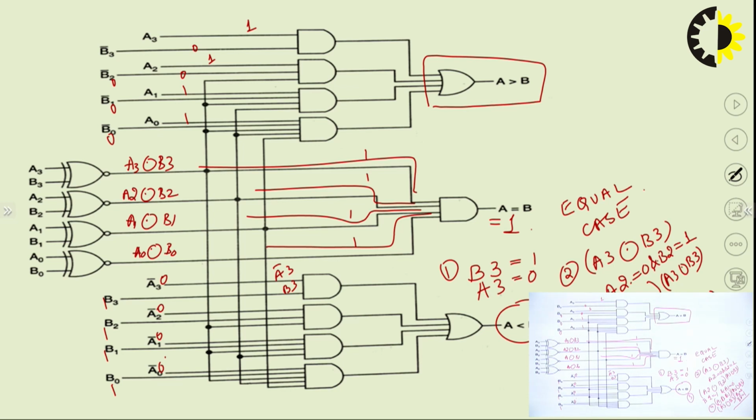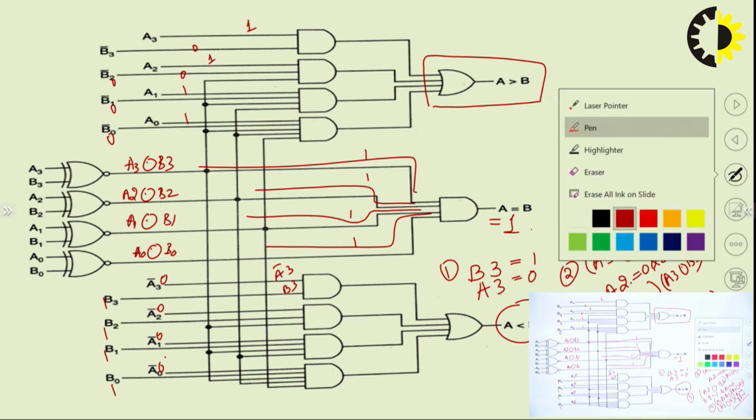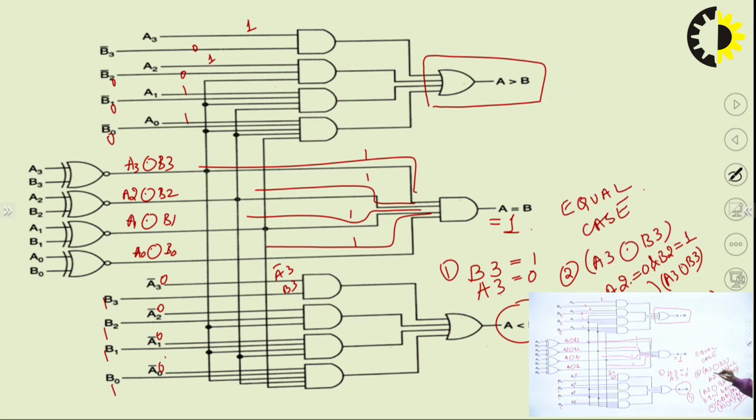So these are the cases when we can design the 4-bit magnitude comparator. Either this will happen, or this will happen, or this will happen, or this thing will happen. So in this way we can design our 4-bit magnitude comparator circuit.